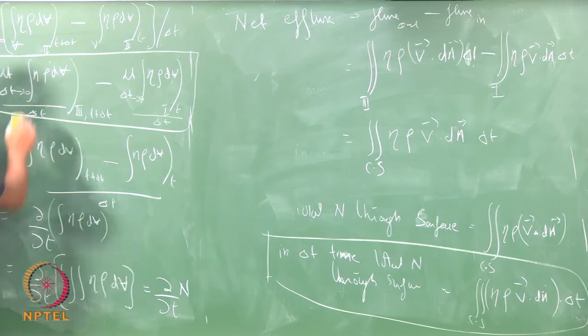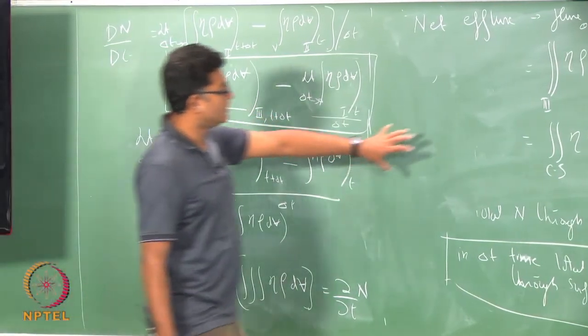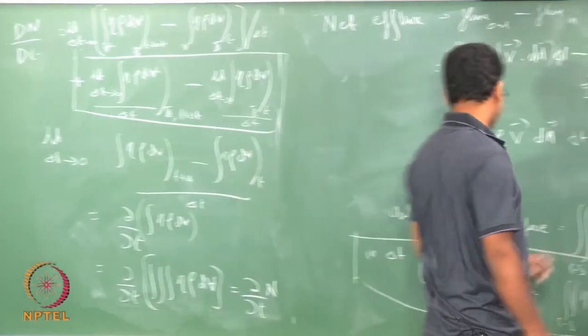So, the second and third terms on the right hand side of the original equation are now equated to the net flux that is happening.